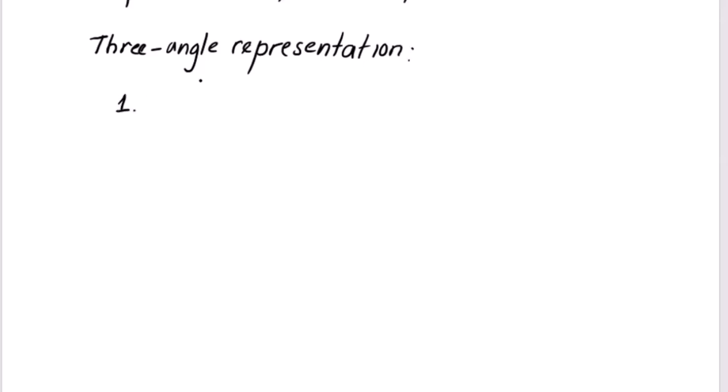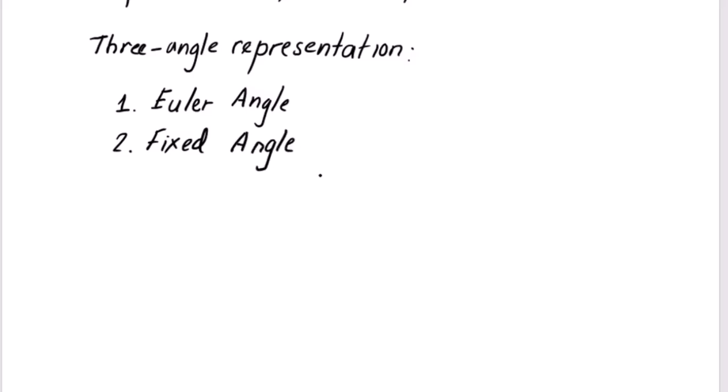The first one is the Euler angle, then the other type is the fixed angle. So you must be aware of the difference between the two representations.